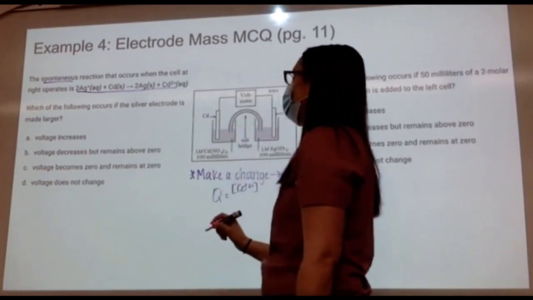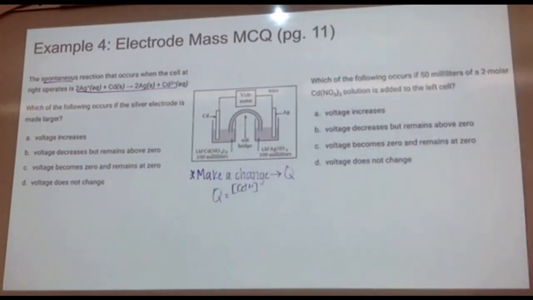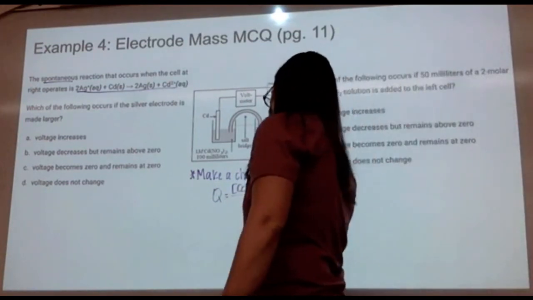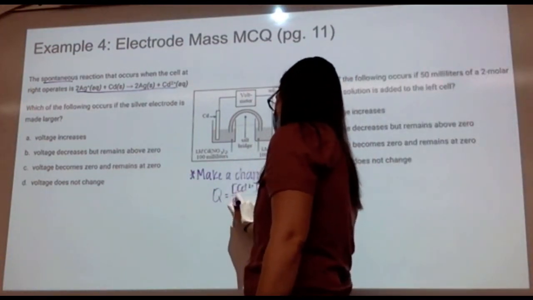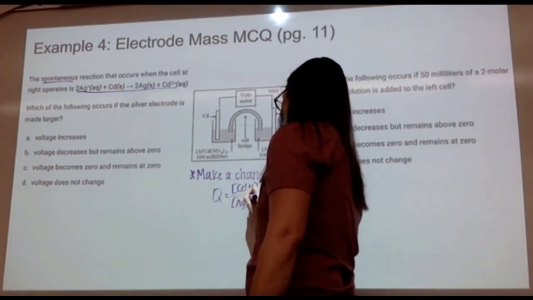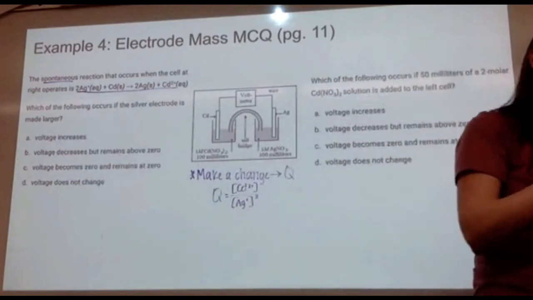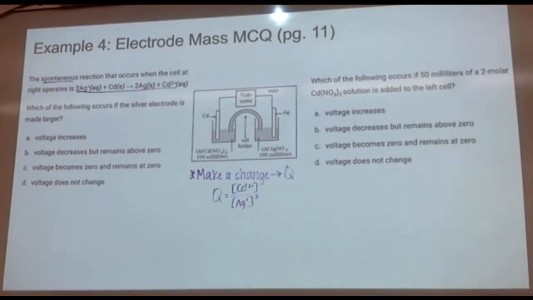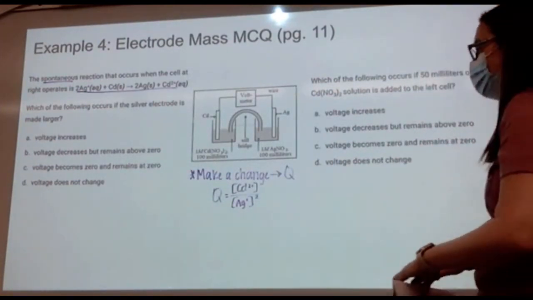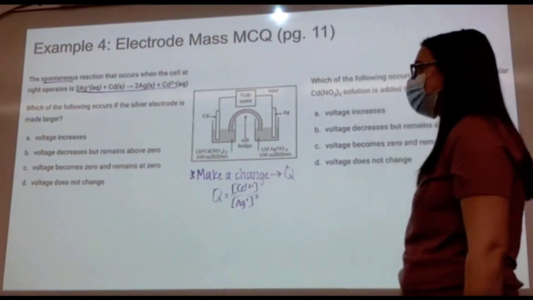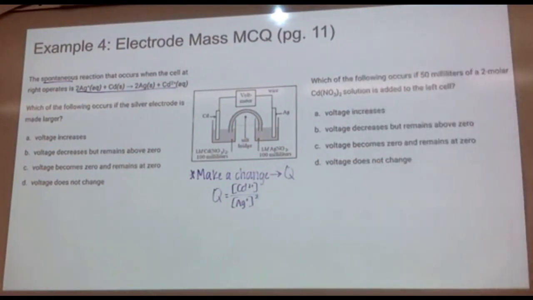I do not include Ag solid because it's a solid. Over Ag+ squared because of that 2. This gives us a little review of calculating Q. So here's Q. Only aqueous and gas can go into Q.